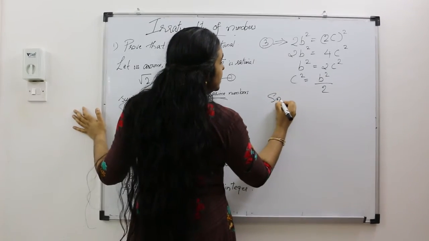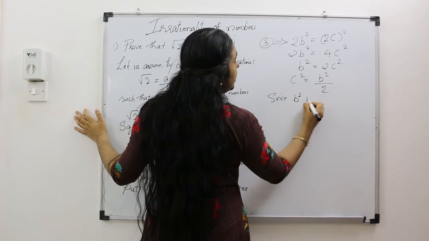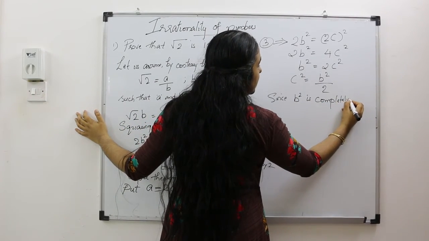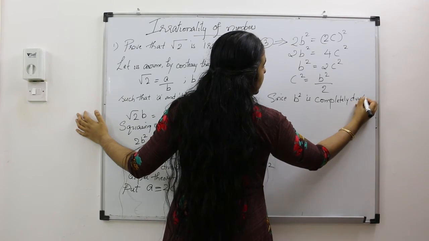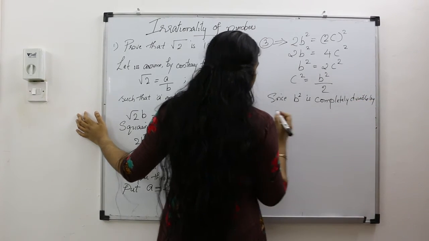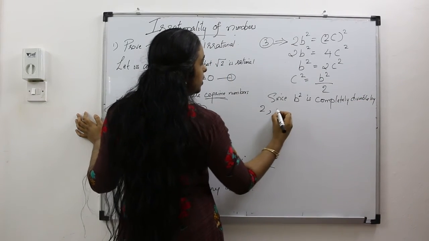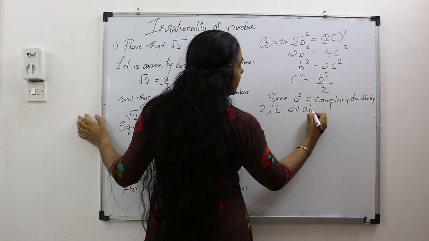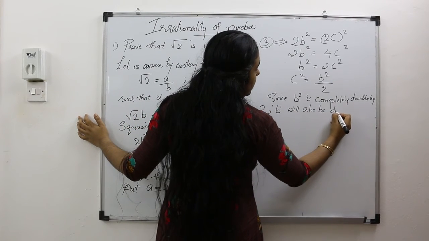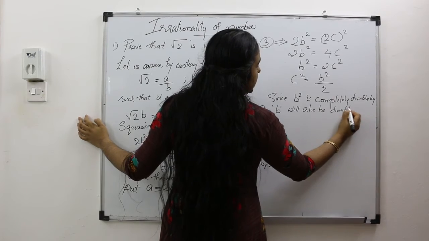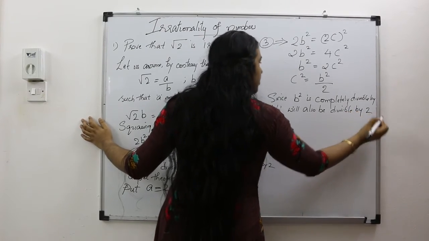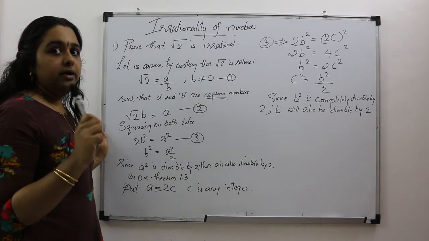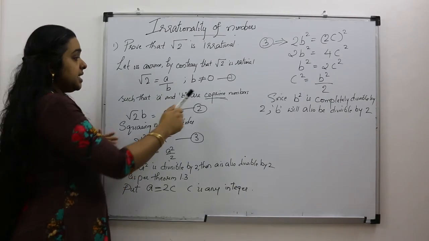So we can write, since b square is completely divisible by 2, b will also be divisible by 2. But what was our first assumption?